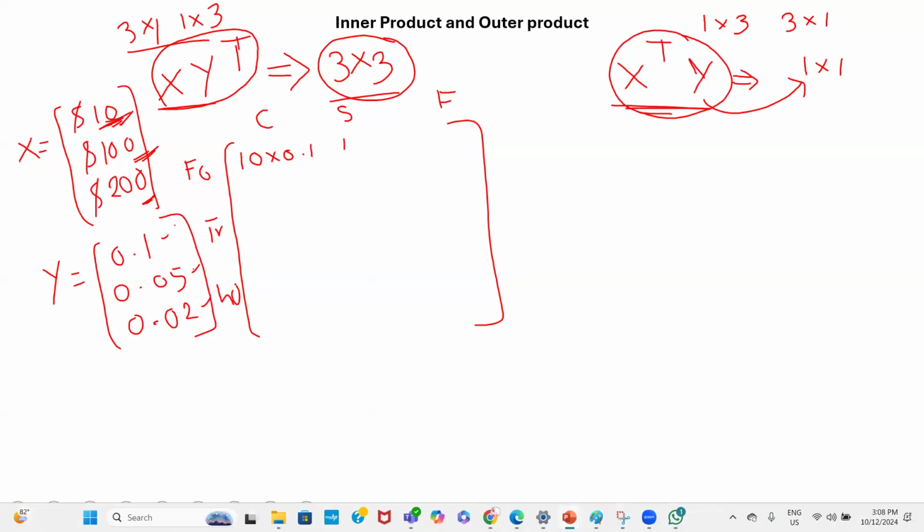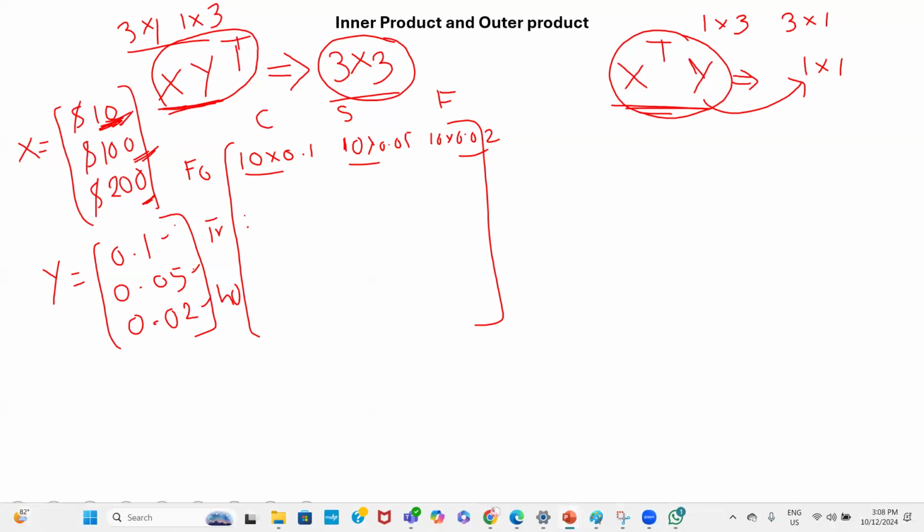So x into y transpose gives the breakup of every component to every other component. 10 into 0.05, 10 into 0.02. So it is giving the breakup of every tax component.